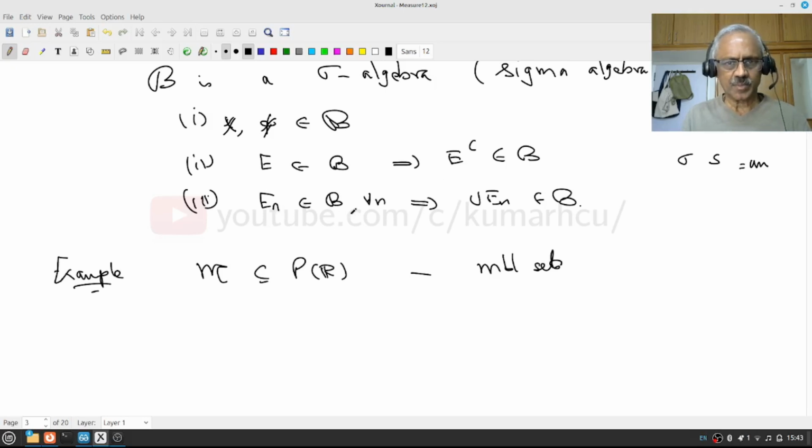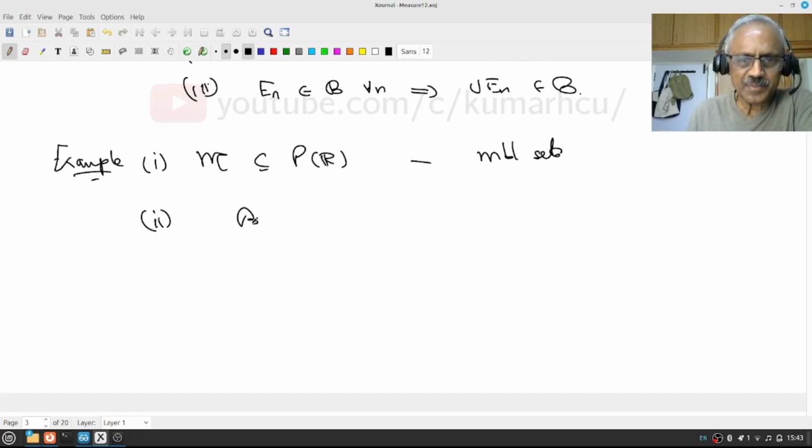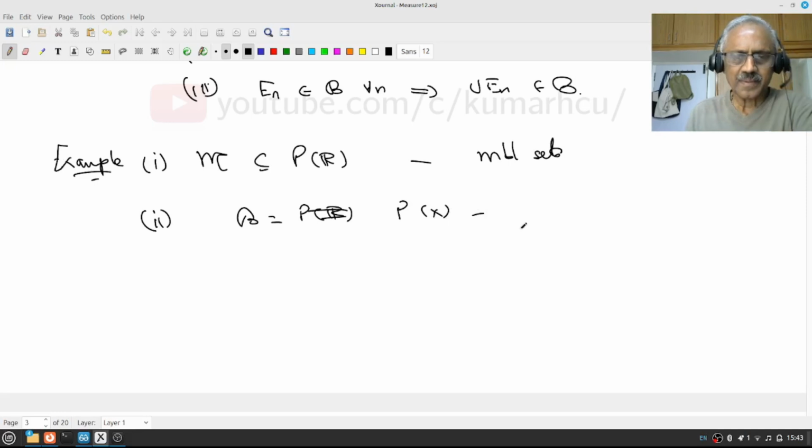Whenever E_n is measurable for all n, the countable union is also measurable. This is the first example. Of course, there is a very easy second example: take B to be P of X itself. That is obviously a sigma algebra.